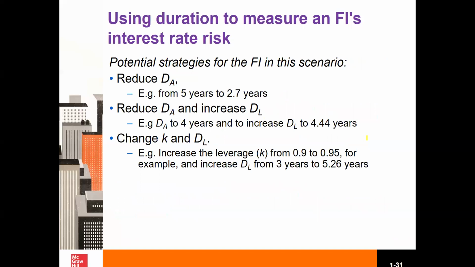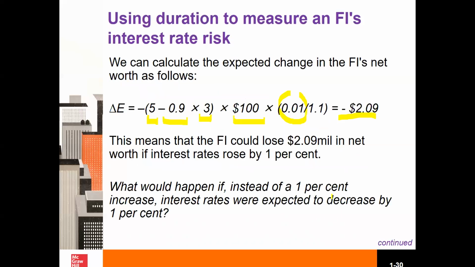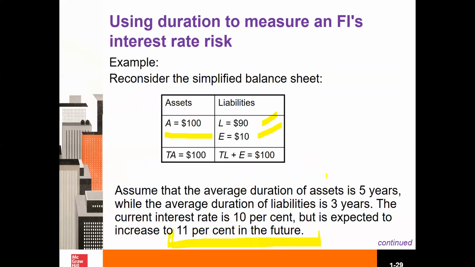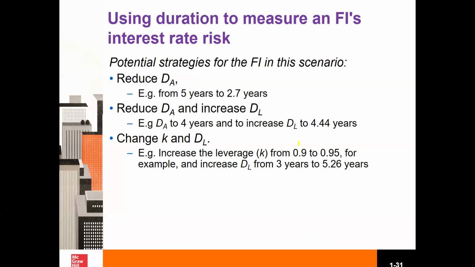Now, how can a financial institution reduce this interest rate risk exposure? You can remember that there are 3 components: the leverage adjusted duration gap, asset size, and the interest rate shock. So the strategies are, first of all, they can reduce the duration of assets.